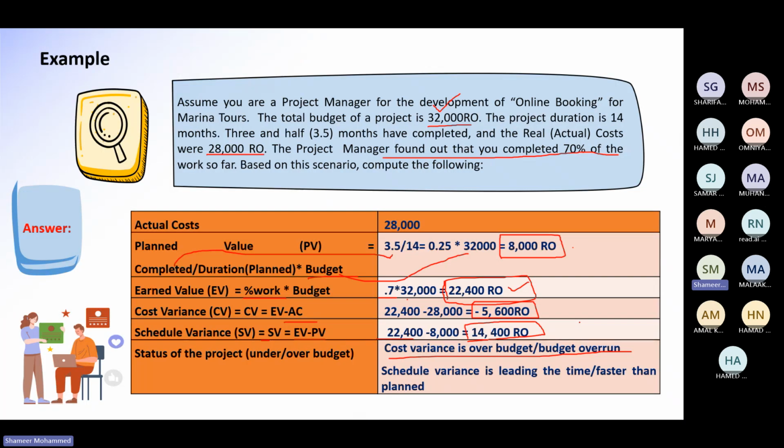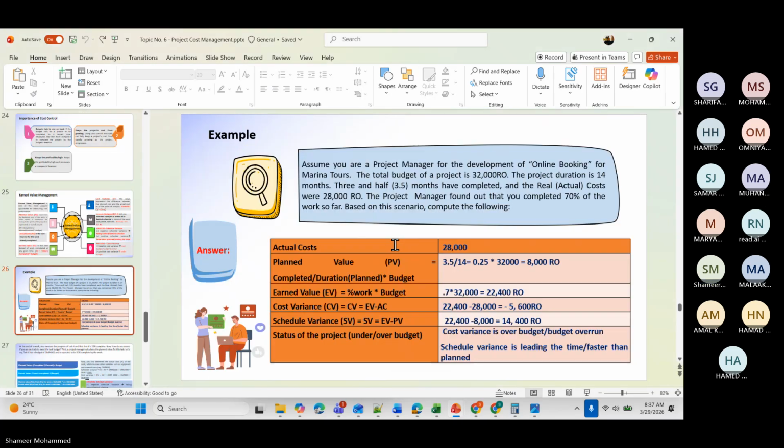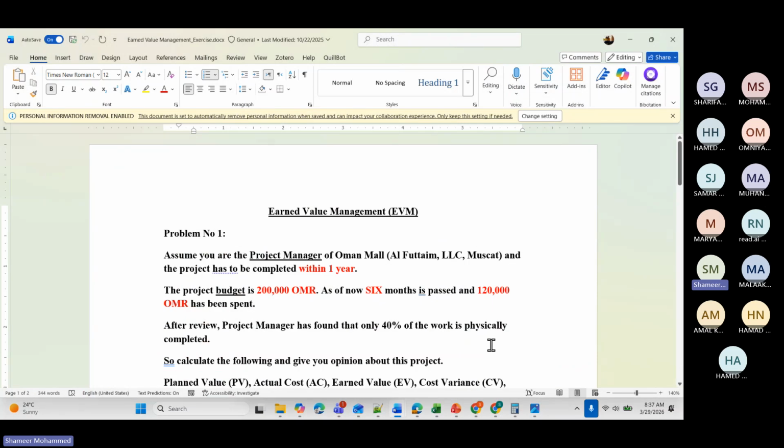Money wise, you are spending more, but time wise, you are completing the task faster. So this type of judgment, you have to write it, justification. Right? So this is the question. So similarly, I will give you one activity so that you can do it now. Right? So this one. So such type of question you may get or you will get. Right?